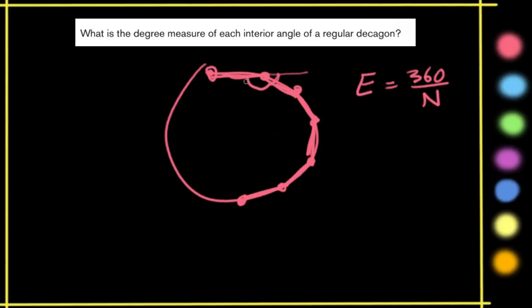The way I like to think about that is, let's say you're starting right here at one of the points, and you start going along the direction of one of the edges. Well, you're going to have to turn a certain amount to get going along the next edge. That amount that you turn is the exterior angle. Then you're going to have to turn another angle to get to the next edge, and you're going to have to do that n times.